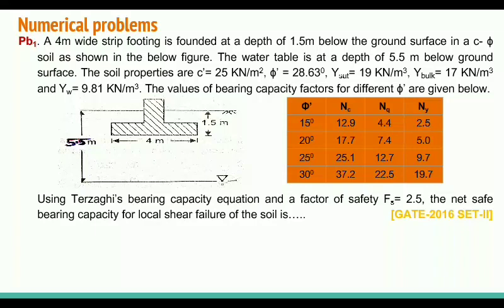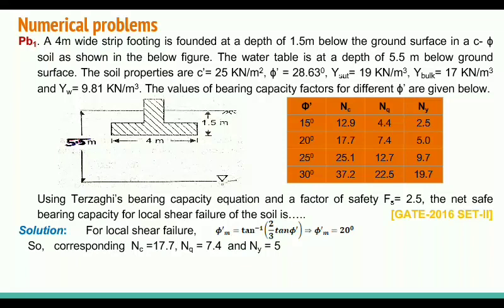See, in this equation, we have to calculate the ultimate bearing capacity for the local shear failure. So first, to calculate the bearing capacity in the case of local shear failure, we have to calculate the mobilized cohesion and mobilized angle of shear resistance. Because we have phi', we have calculated phi'm, that is 20 degree.